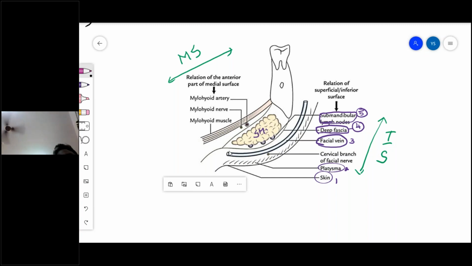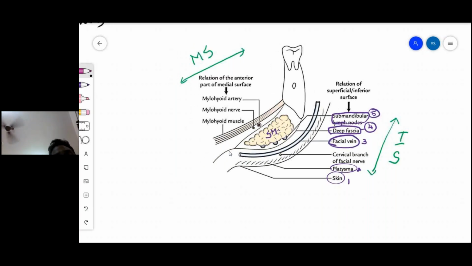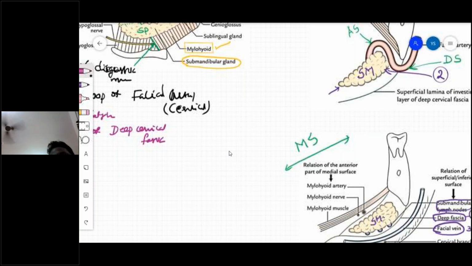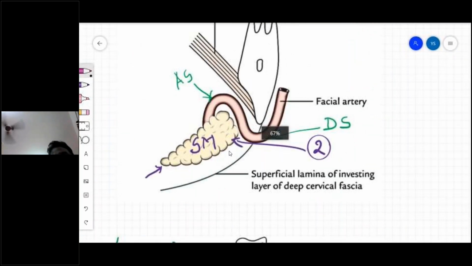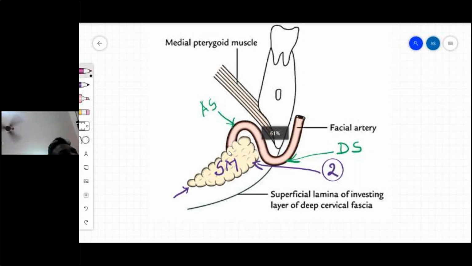In the previous picture, I will show you if possible. This picture. Can you see this picture?